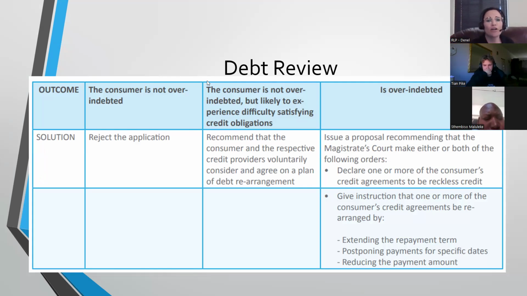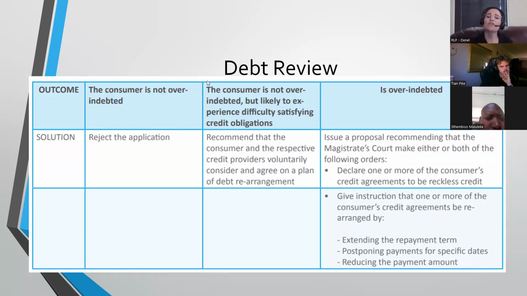If the consumer is not over-indebted, the debt counselor will simply reject the application. If the consumer is not over-indebted, but they are likely to experience difficulty in satisfying their credit obligations, then they will recommend the consumer and the respective credit provider voluntarily consider and agree upon a plan of debt rearrangement.